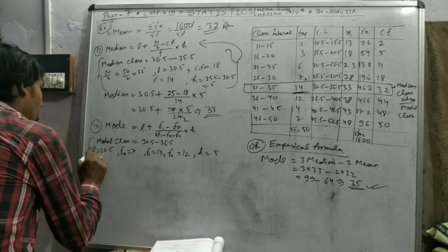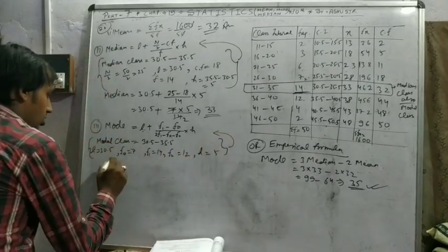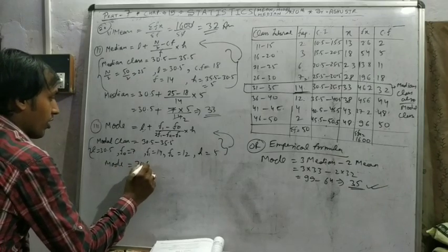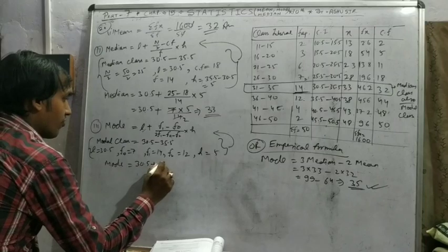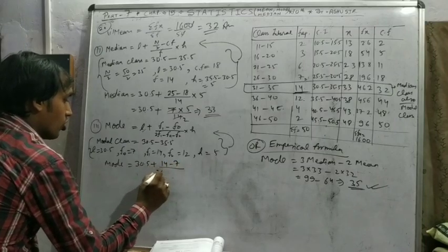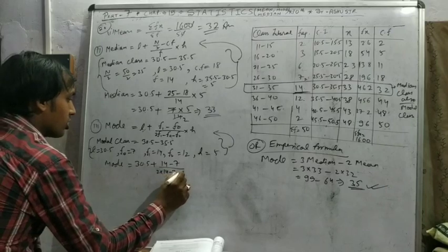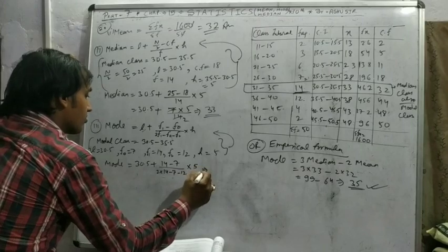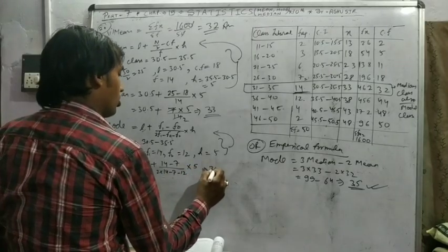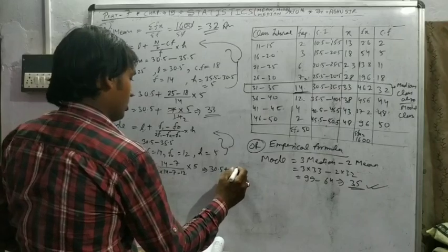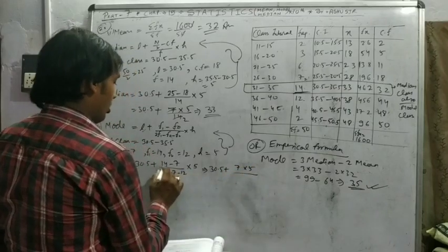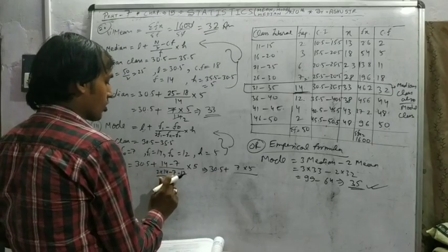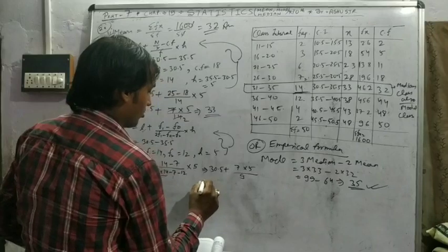Put all the values in the formula. Mode is equal to 30.5 plus (14 minus 7) upon (2 into 14 minus 7 minus 12) into 5. So 30.5 plus 7 into 5 upon, 28 minus 7 is 21, 21 minus 12 is 9.